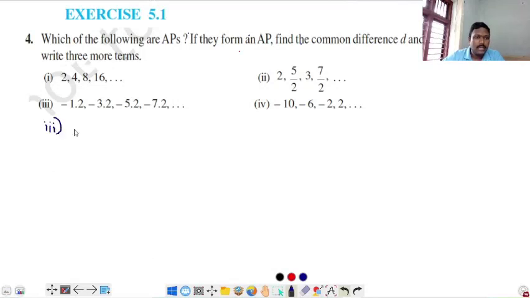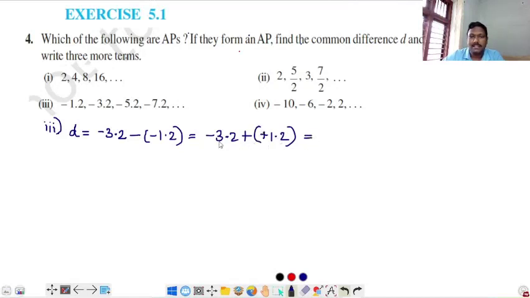In the third question, we can find d is equal to A2 minus A1, that is negative 3.2 minus negative 1.2. So that is equal to what? Negative 3.2, minus will change into plus, so plus 1.2.